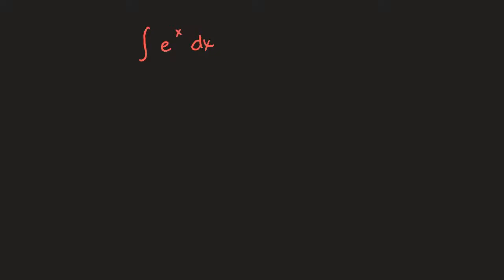Now, as stated, this is just e to the x plus a constant. For those of you who are in AB, you're going to have trouble with understanding why this constant is here sometimes and not here other times. So let me kind of elucidate you as to why the constant appears sometimes and not other times.